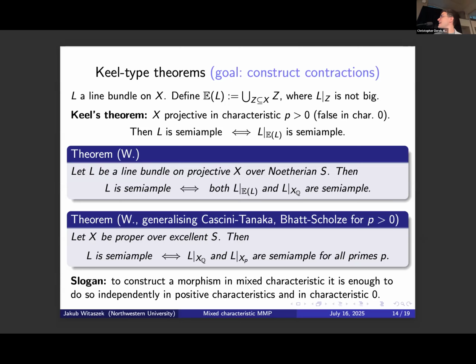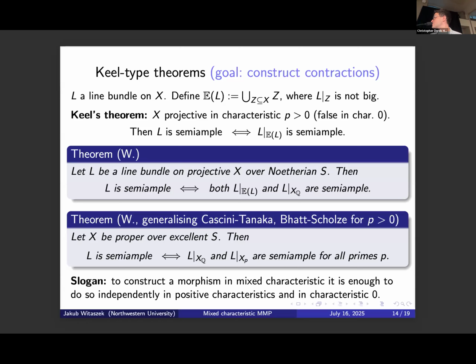The statement is as follows: let X be a scheme which is proper over an excellent scheme S. Then the nef line bundle L is semi-ample if and only if L restricted to characteristic 0 and L taken mod every prime p are semi-ample for every p. The way you apply this theorem is that you reduce your mixed characteristic problem to two independent problems. In characteristic 0, you're just going to apply analytic methods or vanishing theorems. And in characteristic p, you can apply Frobenius methods.